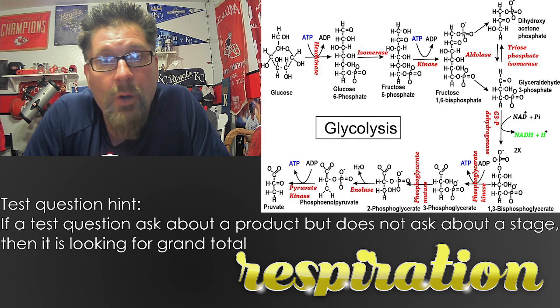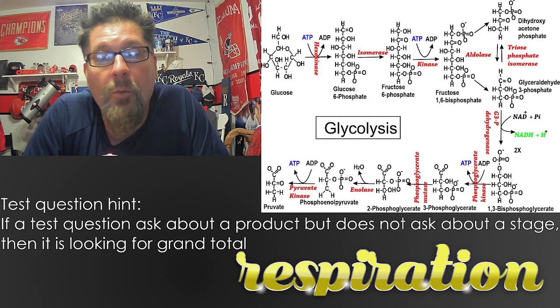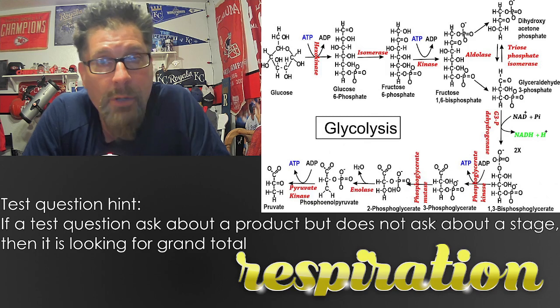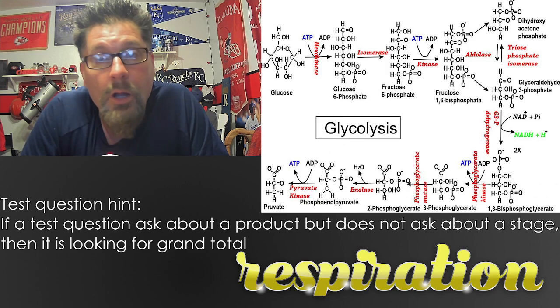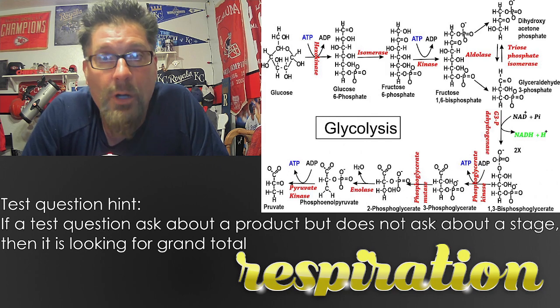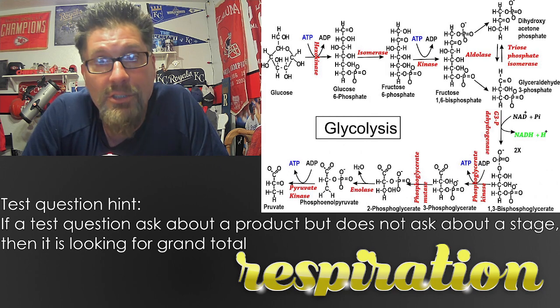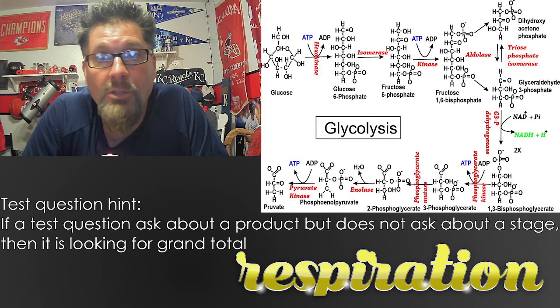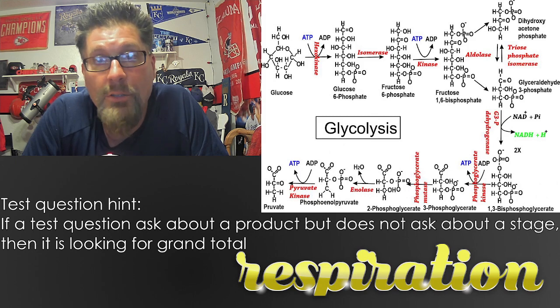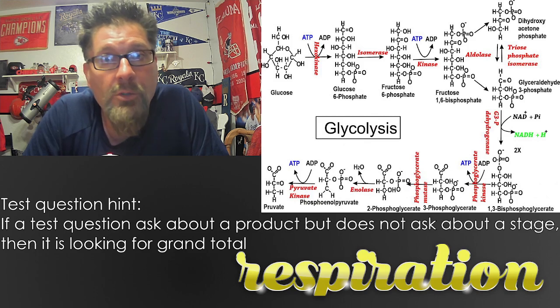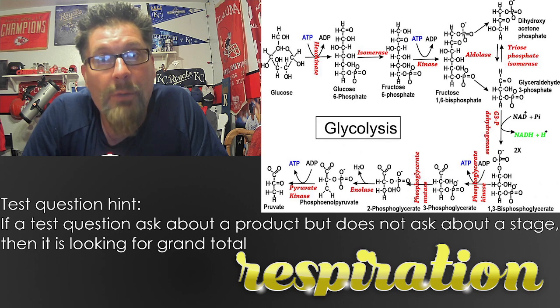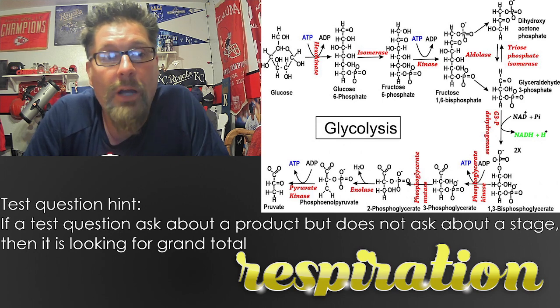But if you look at the question and it doesn't mention a particular step, then it wants grand total numbers. So like if the question says during glycolysis how many ATP are made, it wants 4. But if it says a breakdown of glucose but doesn't mention the step, then it wants grand total numbers, and that will be 36. So be sure when you're reading those questions, you identify: are we talking about a particular step or grand total numbers?